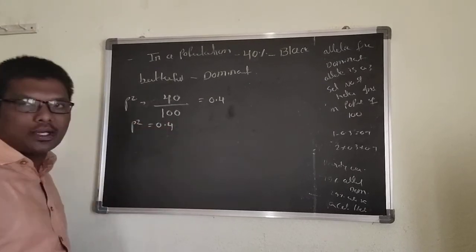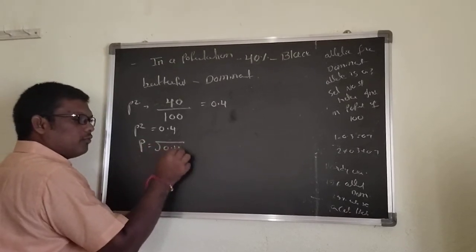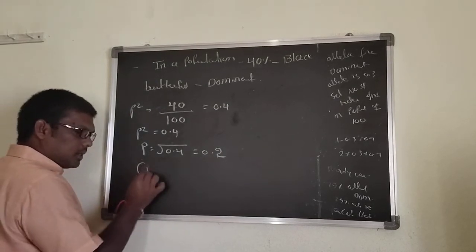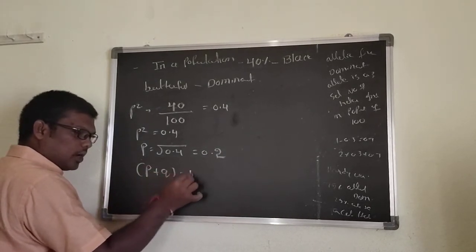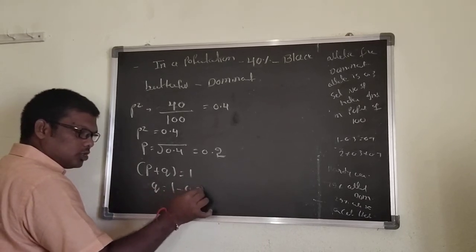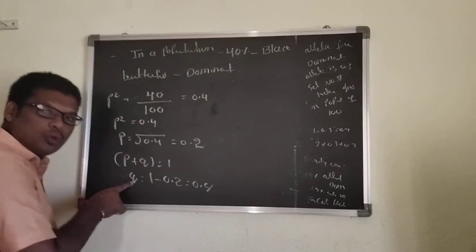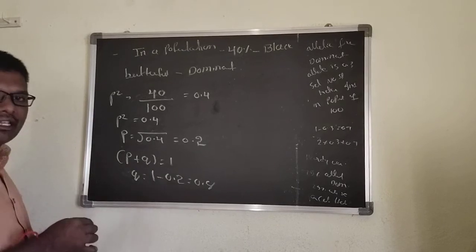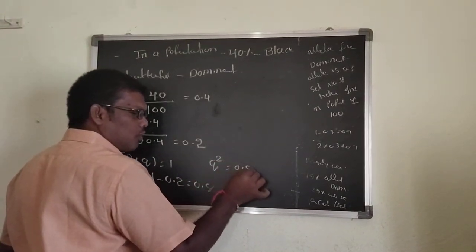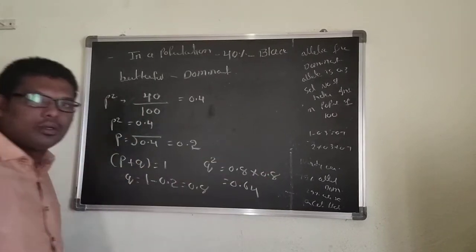p square equals 0.4, that is the genotypic frequency. p equals root of 0.4. The third step, p plus q equals 1, so q equals 1 minus p. That gives q, the allele frequency. If they ask for the genotypic frequency, q square equals 0.8 into 0.8, which is 0.64.